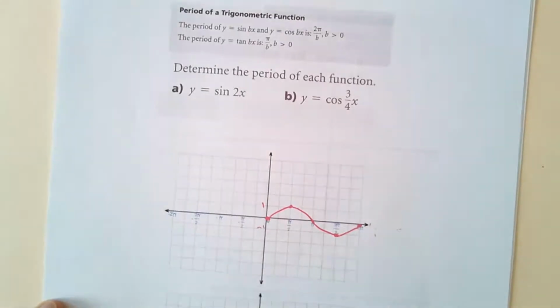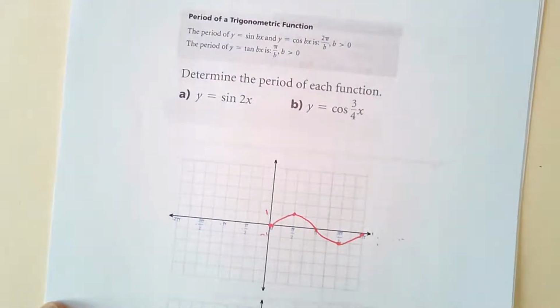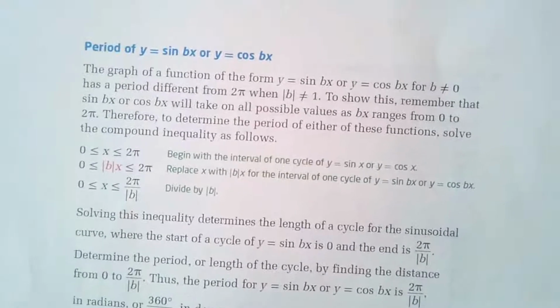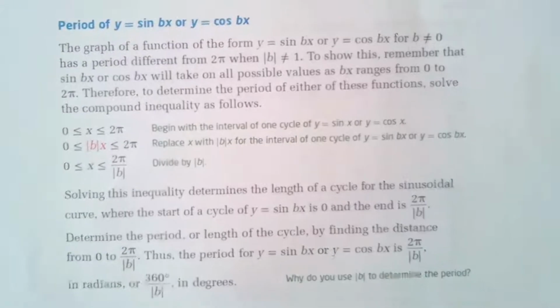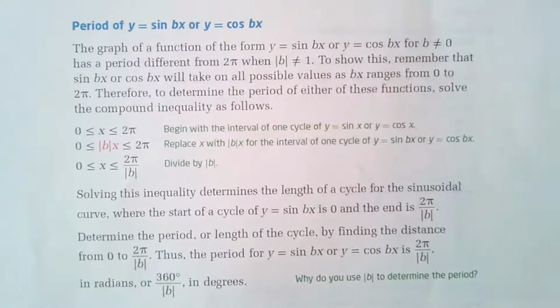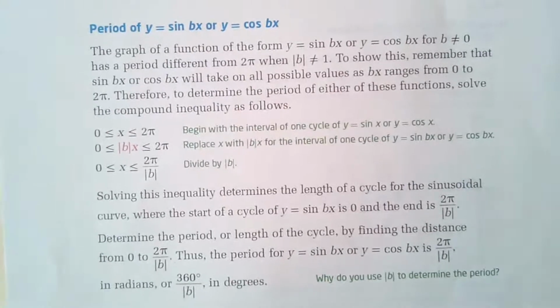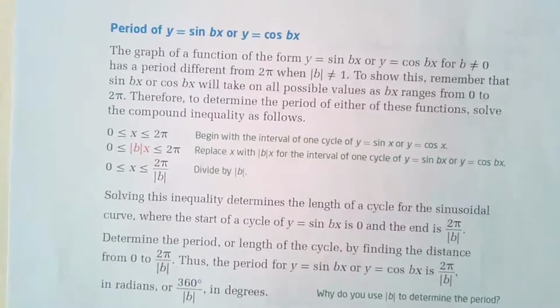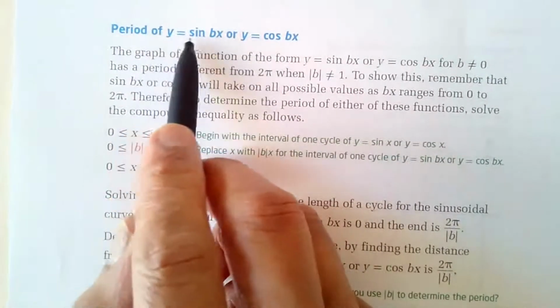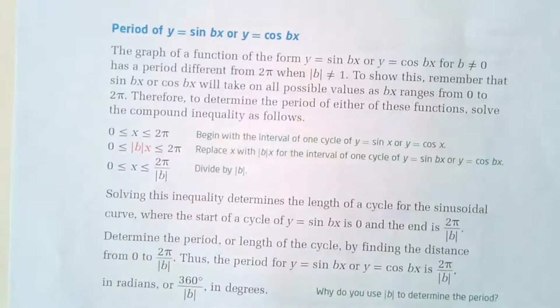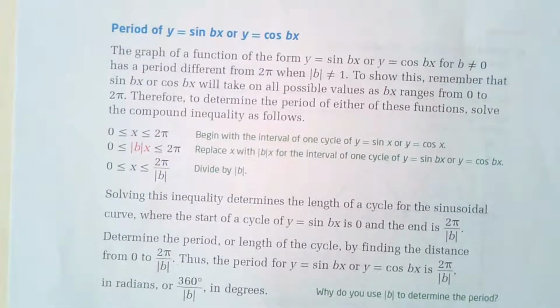Okay, so let's go to the next one here. Next part, we're looking at the period of a trig function. Before I go to this, there's some notes on that. Now the period of y equals sine bx or y equals cos bx.